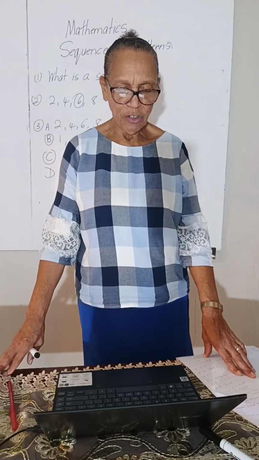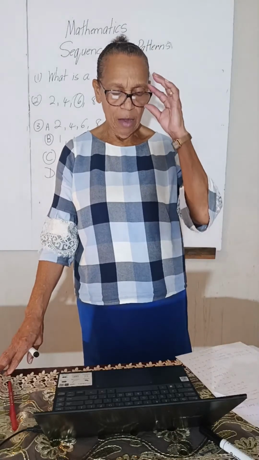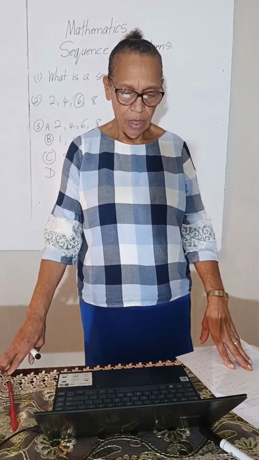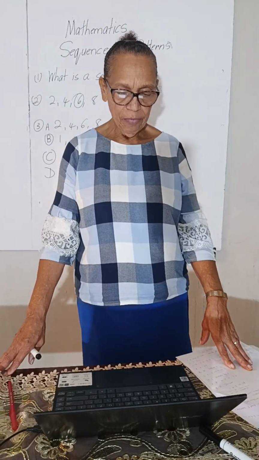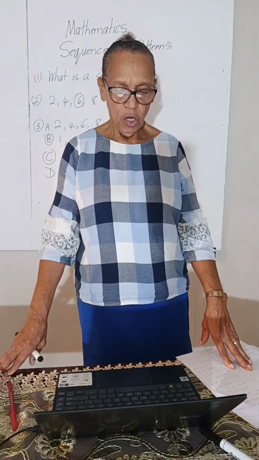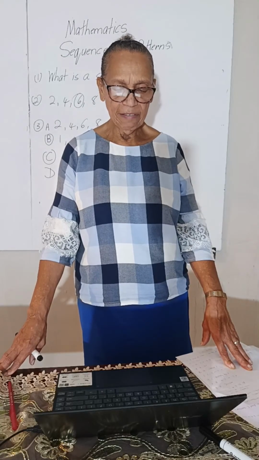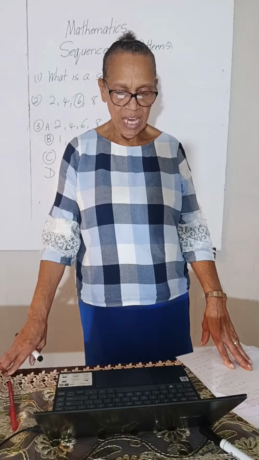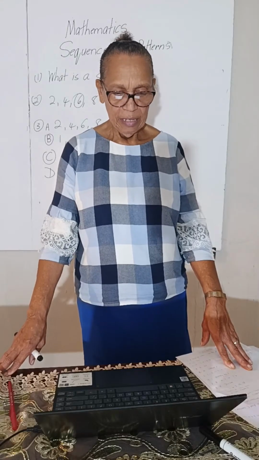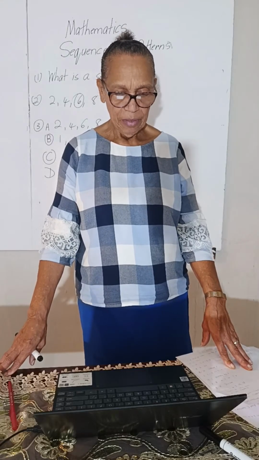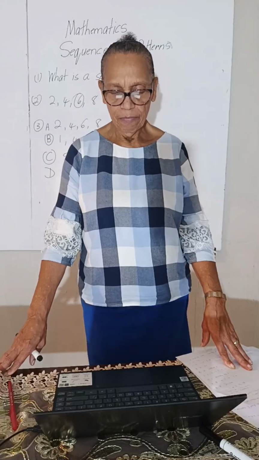Which type of pattern is shown in these numbers, the sequence? A, subtraction. B, division. C, repeating. D, irregular.